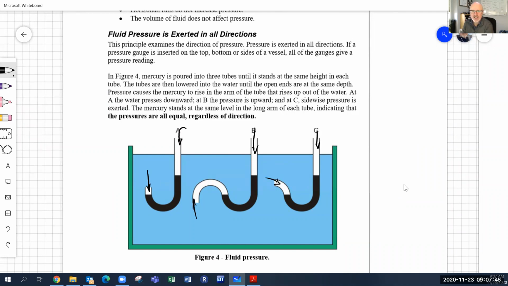It's exerted in all directions, okay? Or regardless of the directions, the pressures are all equal. And it's a tough picture to understand. I don't particularly like it. But anyways, fluid pressure is exerted in all directions. That's what you need to know about that.